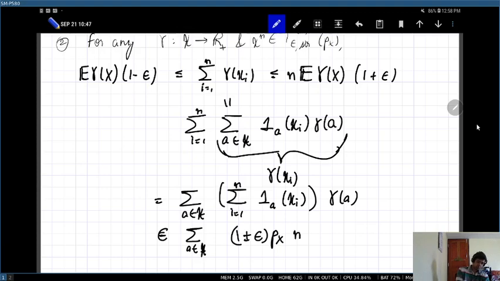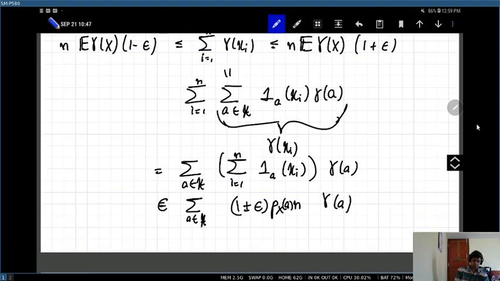So there should actually be an n over here. So this summation, sum over i from 1 through n of indicator a of xi, is always between 1 minus epsilon times px of a times n and 1 plus epsilon times px of a times n, times gamma of a. Okay, so this holds for all typical sequences xn.